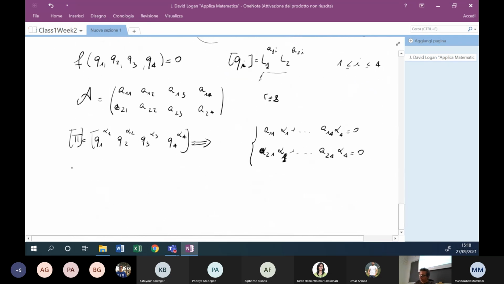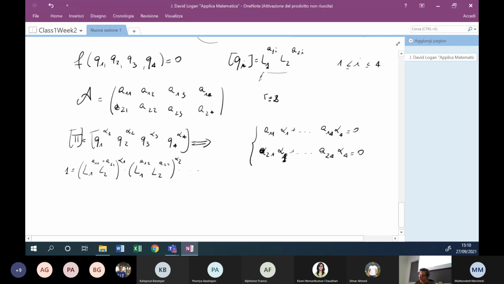What I've done is to substitute 1 on the left-hand side, and on the right-hand side I have L1 to the A11, L2 to the A21, to the power alpha 1, times L1 to the A12, L2 to the A22, to the power alpha 2, and so forth for q3 and q4.